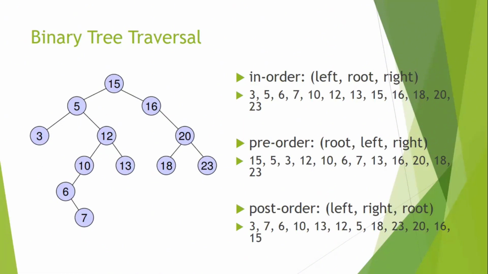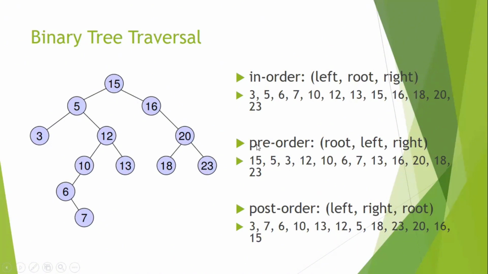So 3, 5, then 6, 7, 10, 12, 13. Then it goes to the root, which is 15. Then going to the right: 16, 18, 20, and 23.